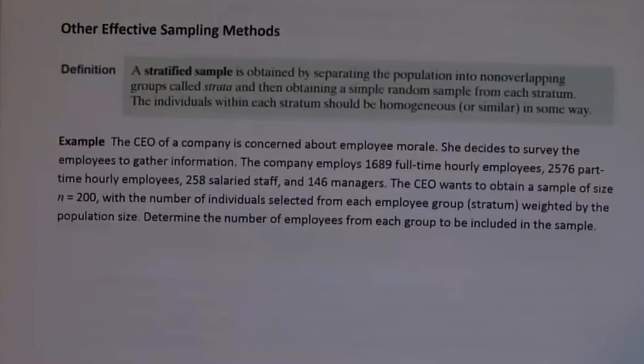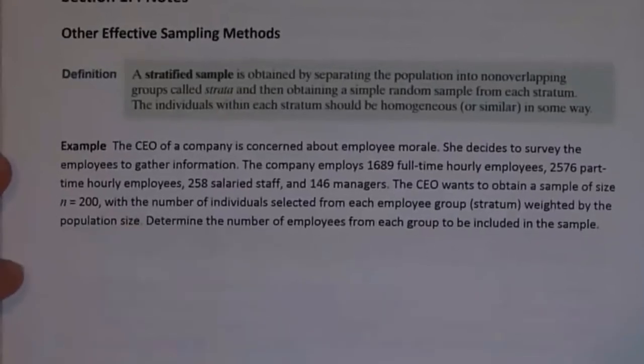So I have to be careful about that, and I've got to make sure that my proportions are correct in the population so that I'm correctly representing those groups in the samples as well. So there's pluses and minuses for each of these techniques. So again, a nice benefit of stratified is that I'm controlling things a little more than I can with a simple random sample. So take a look at this example.